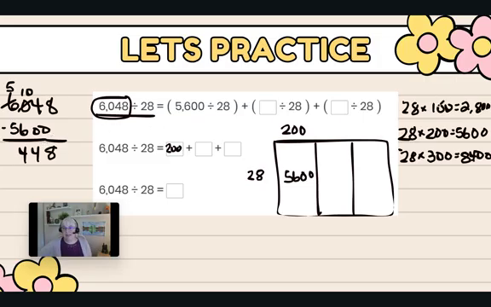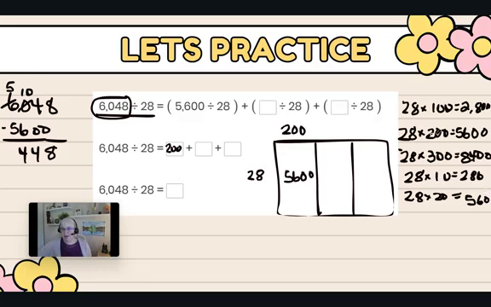Well, we did powers of 10 to the second power. Now we're going to do 10 to the first power, or times 10. So I can use this as a guide. 28 times 10 is going to be 280. It's going to follow the pattern I had up above. 28 times 20 is going to be 2 times 28, which is still 56, so 560.